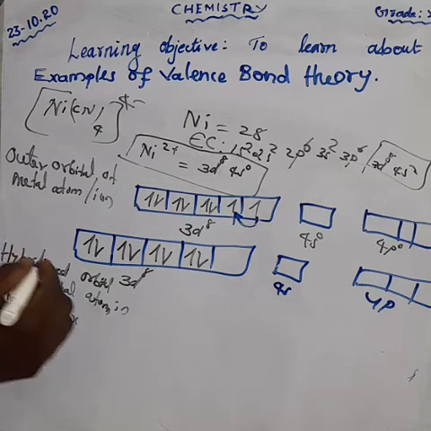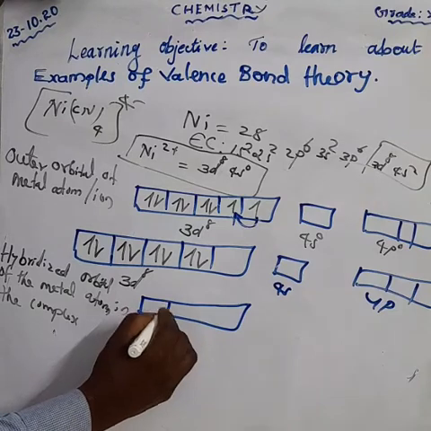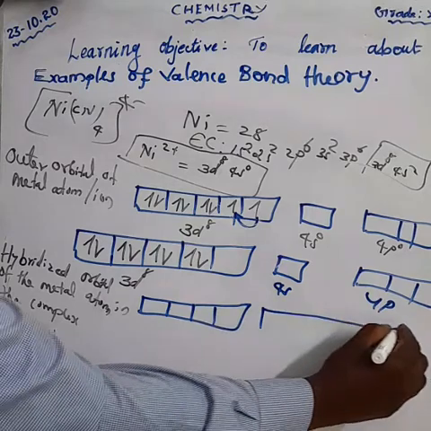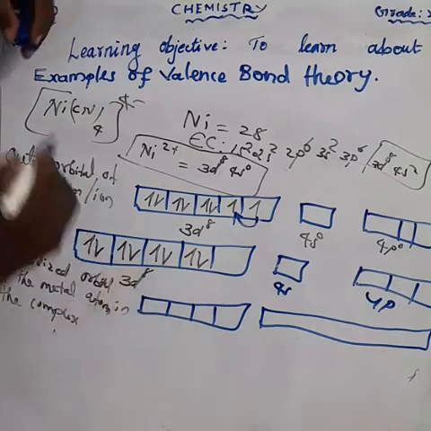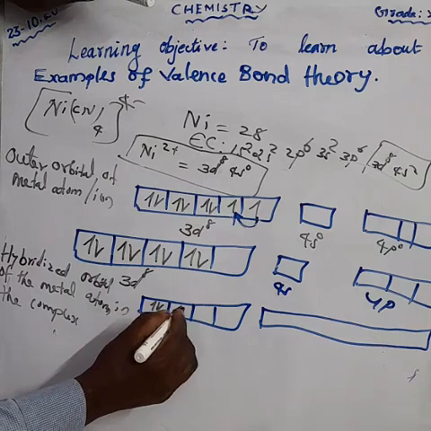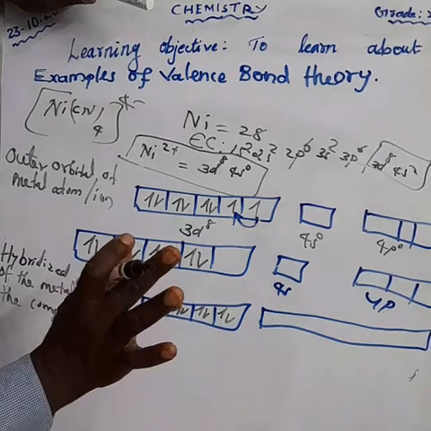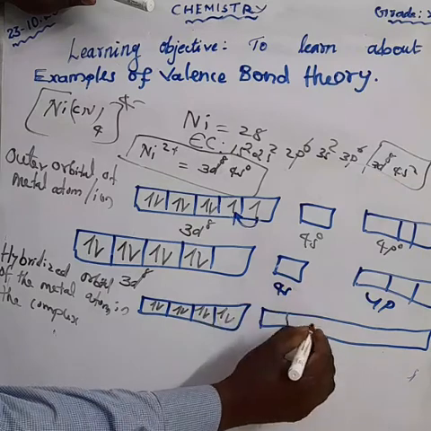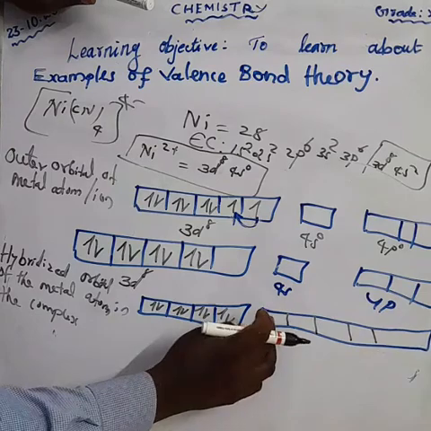Here 3d has 4 filled orbitals: 1, 2, 3, and next. The electrons 1 to 8 are over, so the d has 5 orbitals, of which 4 are filled and the remaining one is vacant. Next the 4s, next the 4p: 1, 2.